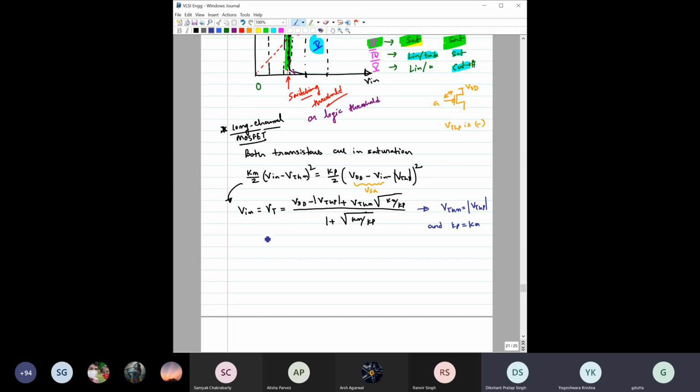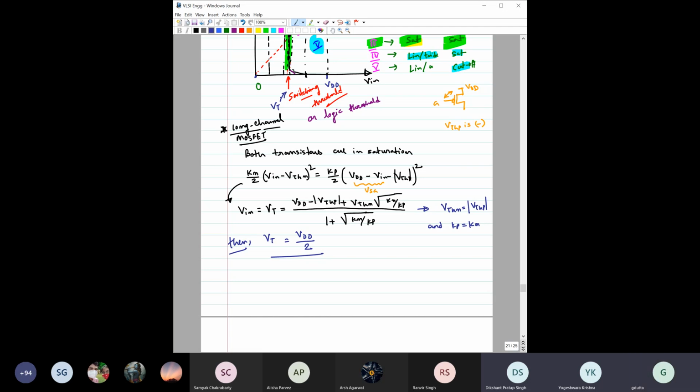That means Vt would be equal to VDD by 2, isn't it? So this threshold voltage would lie exactly at the mid position from 0 to VDD.